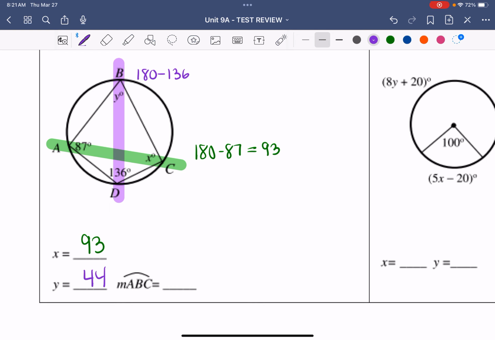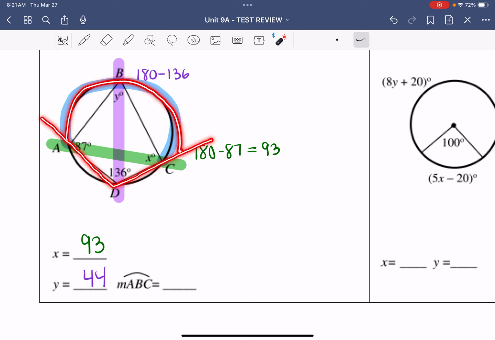Okay, now they also want the measure of arc ABC. See how it's 3 letters? So that's a major arc. That means that it's going to be more than half the circle. A, B, C. Okay, so if you look at angle D, see how that arc is inside of that angle?